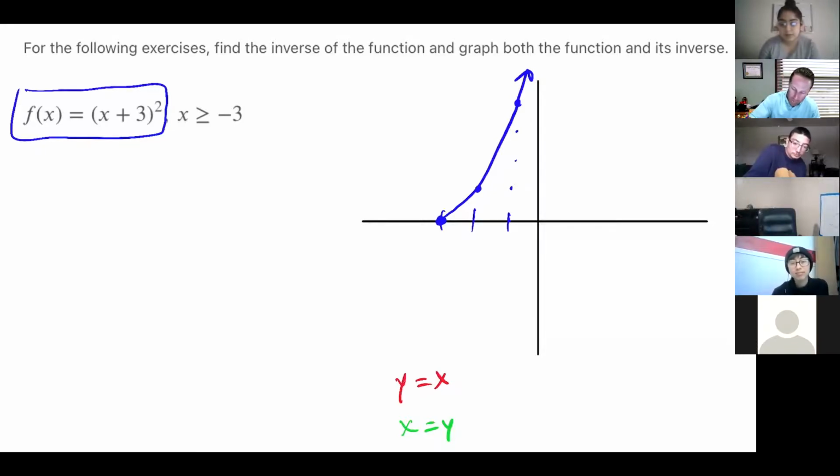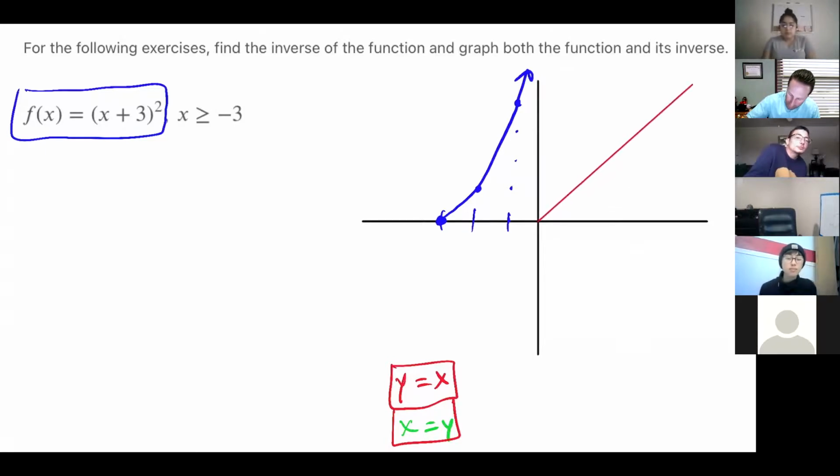So the one cool thing about this function in particular is that you get the same thing out when you find the inverse. And we should know the graph of this. That's my y equals x line. And guess what that represents? That's my mirror.